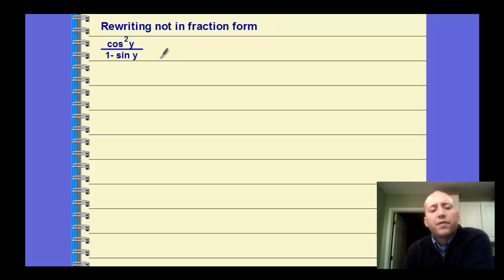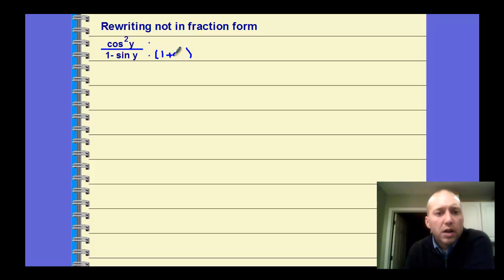So, rewriting not in fraction form. These are just some skills we're going to be using as we verify: the factoring and then rewriting not in fraction form. To do this here, I notice my denominator is a binomial. We've done this before with the difference of perfect squares with our radical denominators. So let's multiply top and bottom by what we used to call the conjugate here.